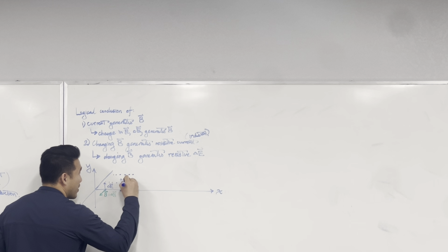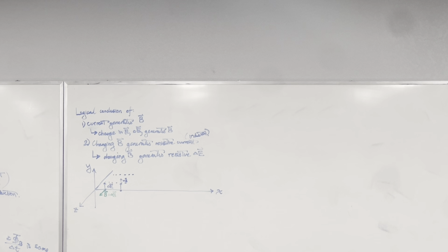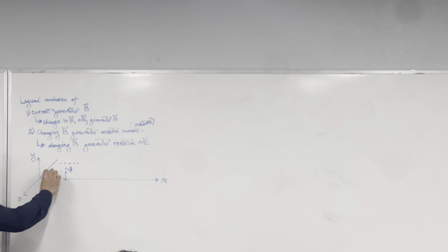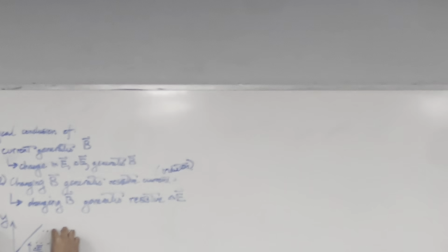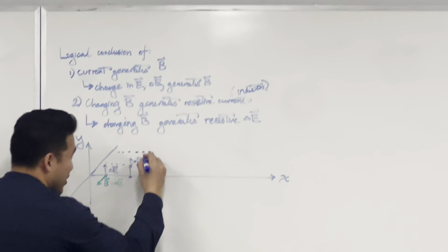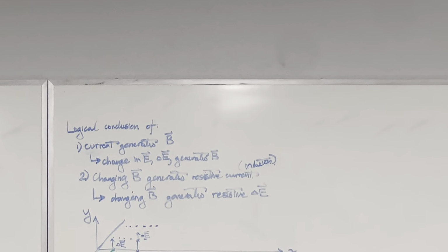So this is going to be a smaller delta E. Naturally this delta E wants to just keep propagating on its own, but a change in B generates a resistive delta E. So the next change in the electric field is not going to be as great.